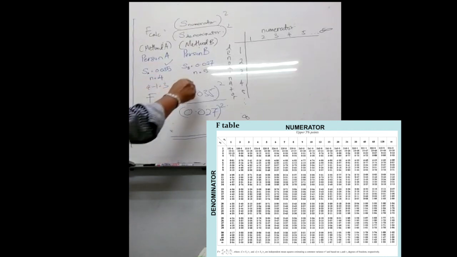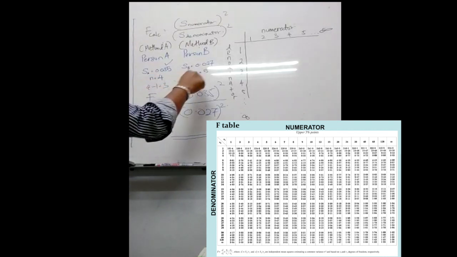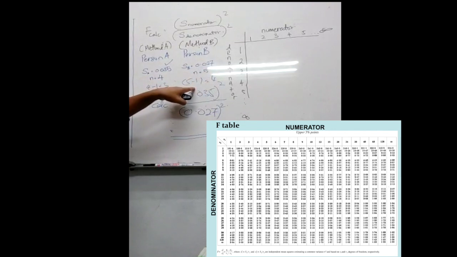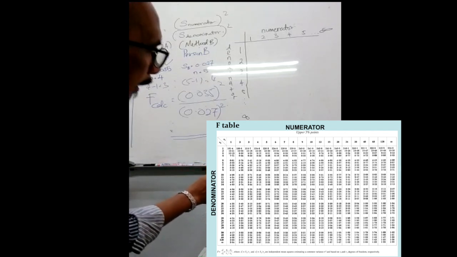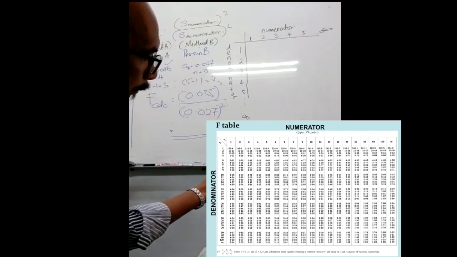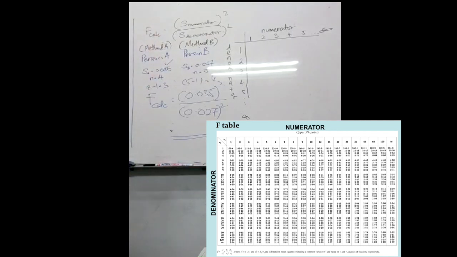This is the numerator, and this is the denominator. So we look at numerator number 3 and denominator number 4. Then we get here 6.59. So we get the F table value.